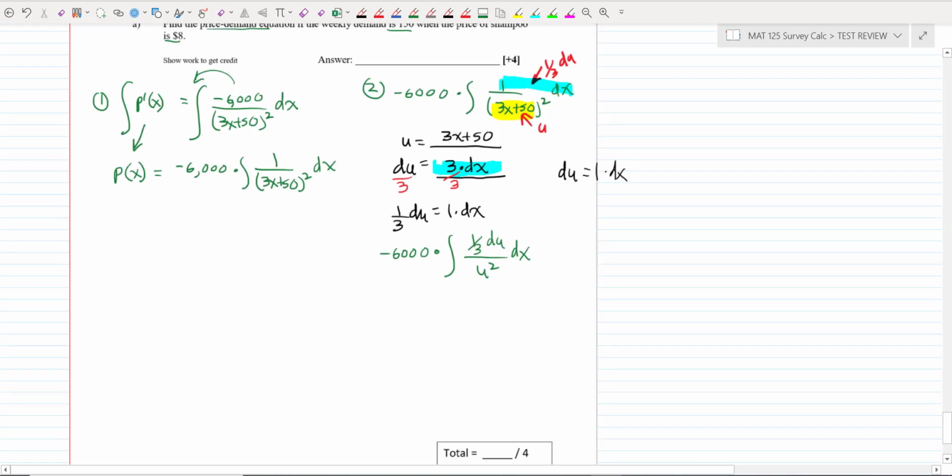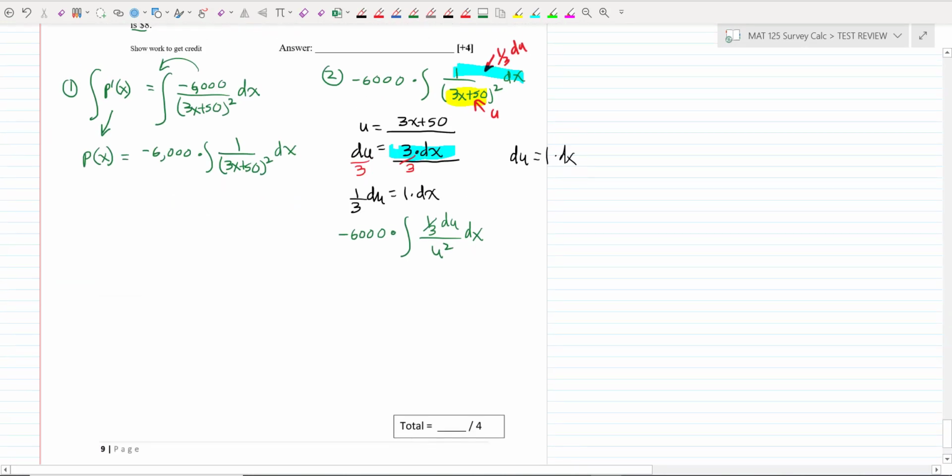Okay, all right, so let's go ahead and let's go through this now. Okay, well, we can pull the third out, so you would have negative 6,000 times 1/3, and then you'd have the integral. Now you want to bring the u to the second up to the top so that you can use the power rule. Okay, negative 6,000 over 3, that's negative 2,000.